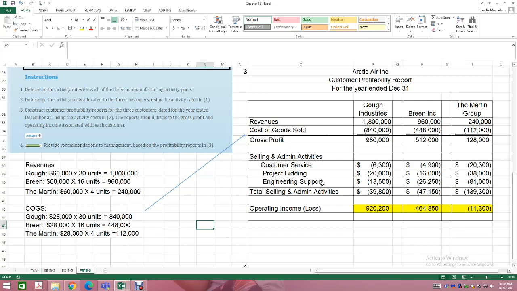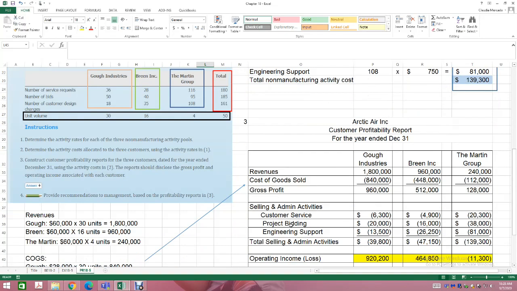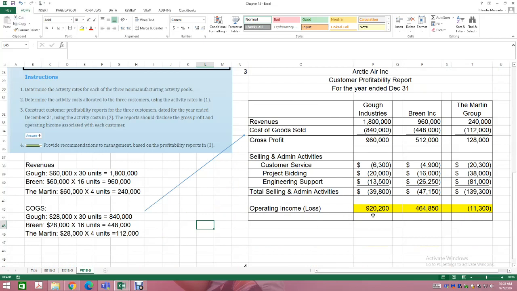Your selling and admin is coming from requirement 2, your activity cost per customer. And to get your operating income or loss, it's just your gross profit minus your total selling and admin expenses. Let me put a little note here.